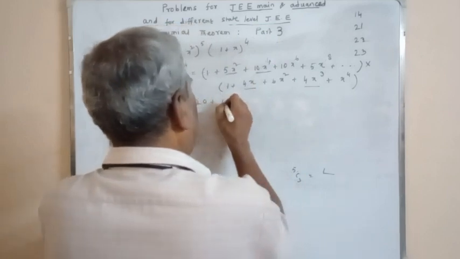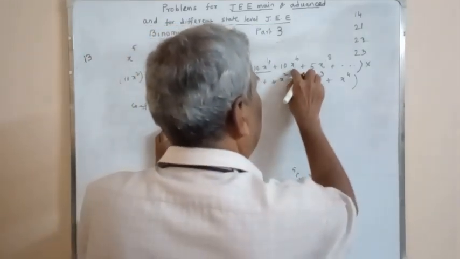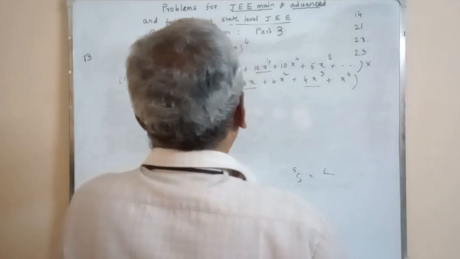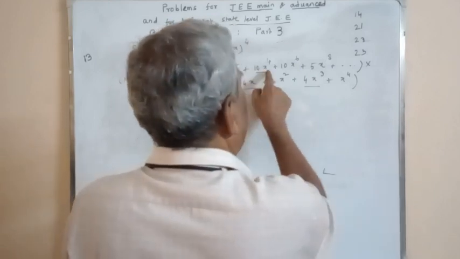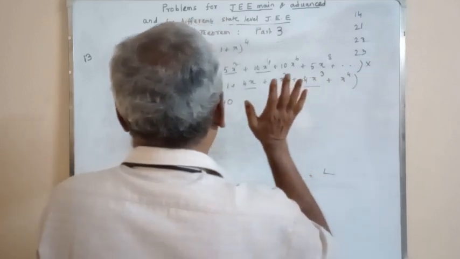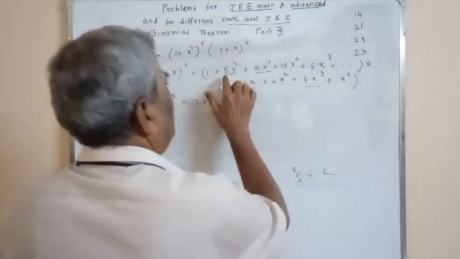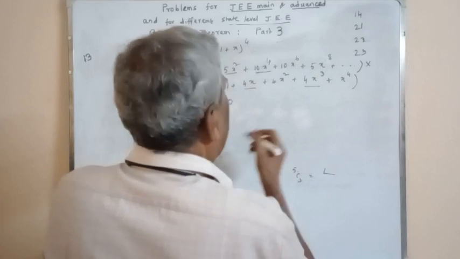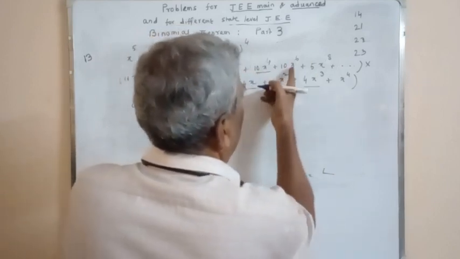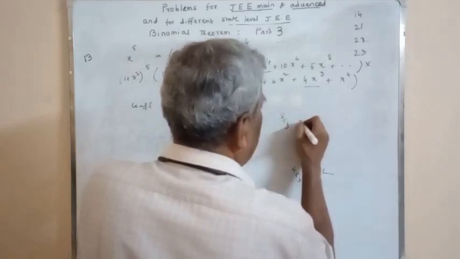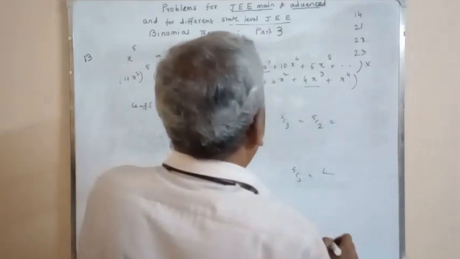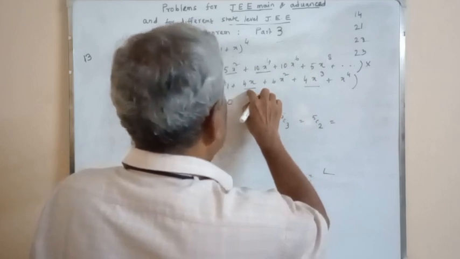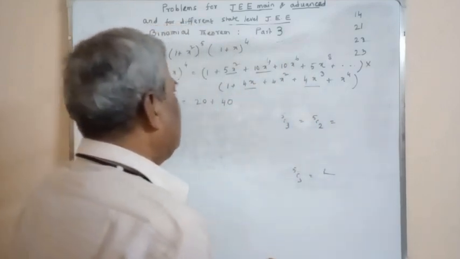It is 40. Multiplying this with the others, no other is possible to obtain x to the power 5. So altogether there are 60.